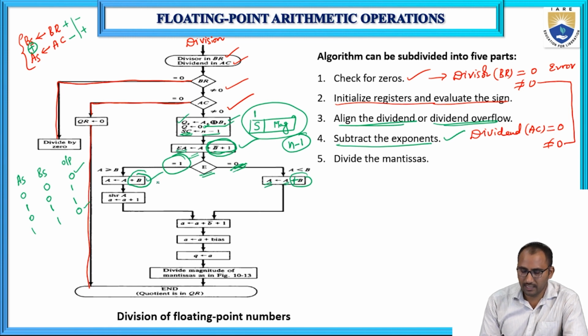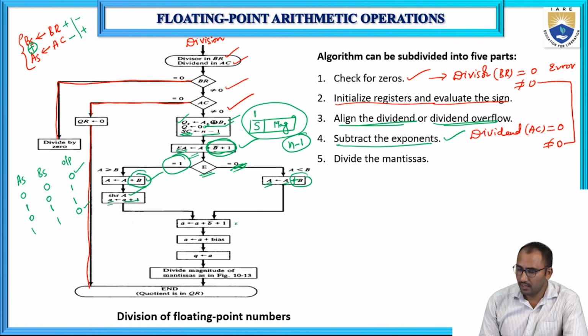The dividend is in accumulator A. Once we have restored the dividend, we perform shift right A. Once you perform the shift right operation, the exponent value will be incremented by 1. The exponent of the dividend is in small a, so a plus 1 will be loaded into a.